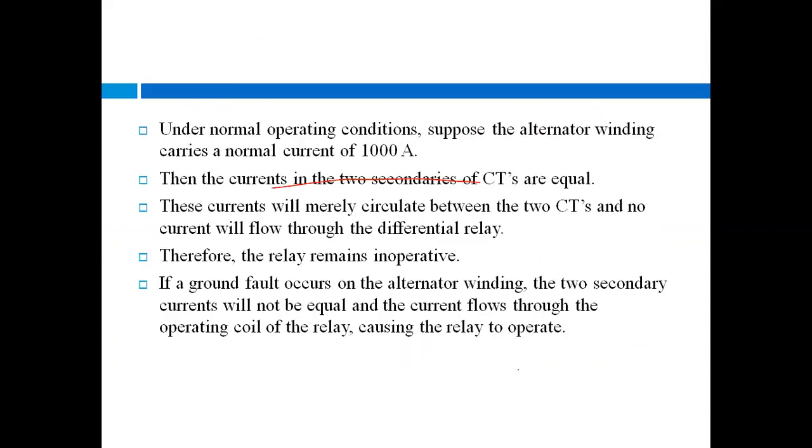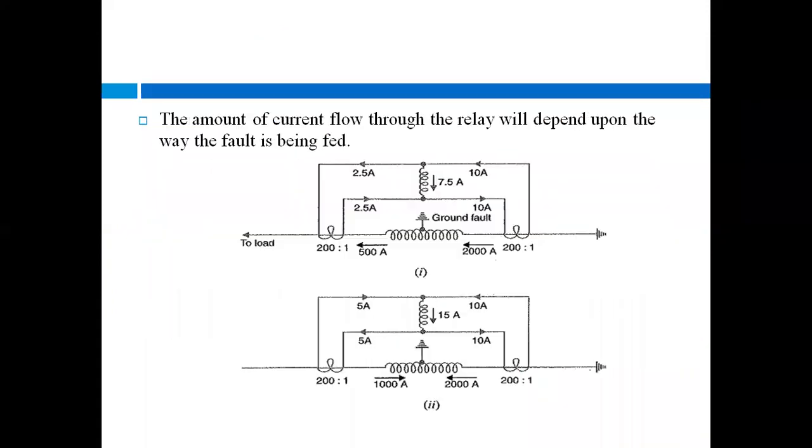But if any fault is occurring, then what happens actually? Here you can see diagram one shown here. Again, the two CTs are on the two sides of this alternator winding. Two CTs are connected in series, and across this one operating coil is there.